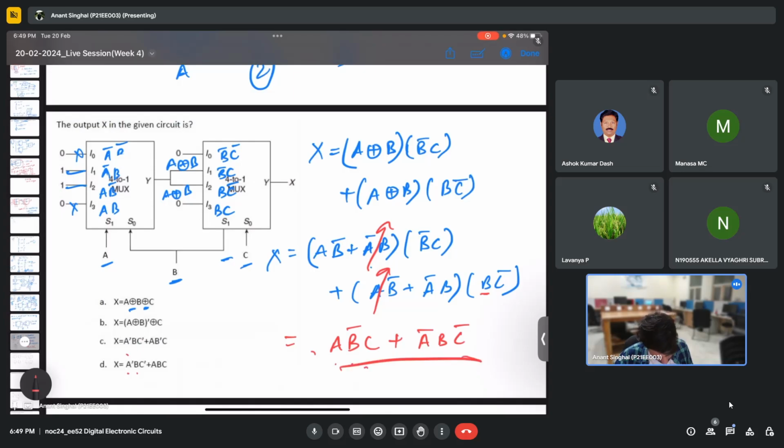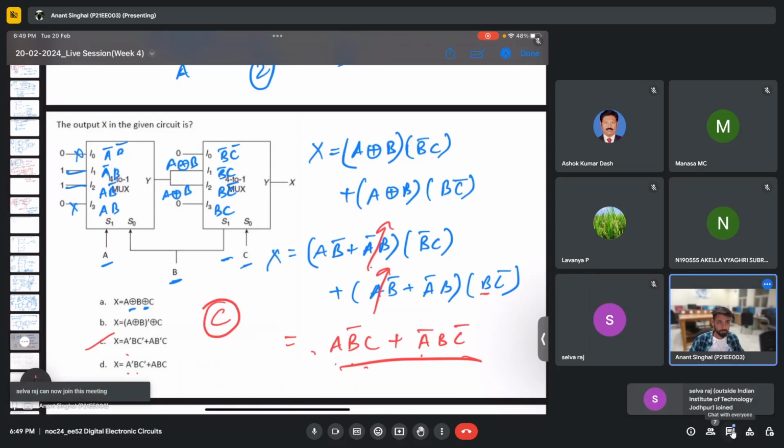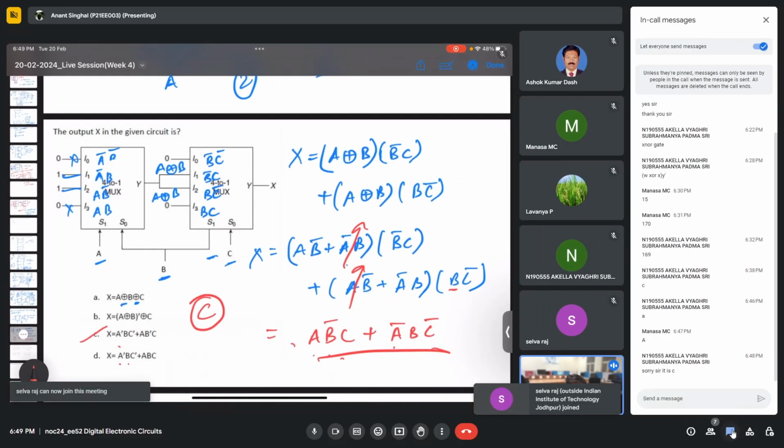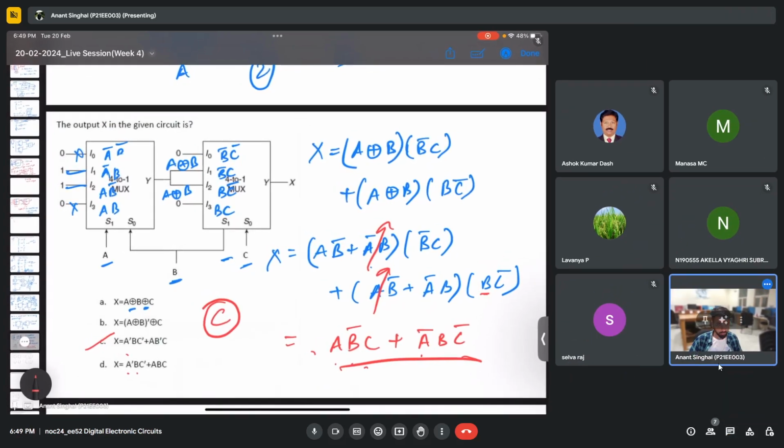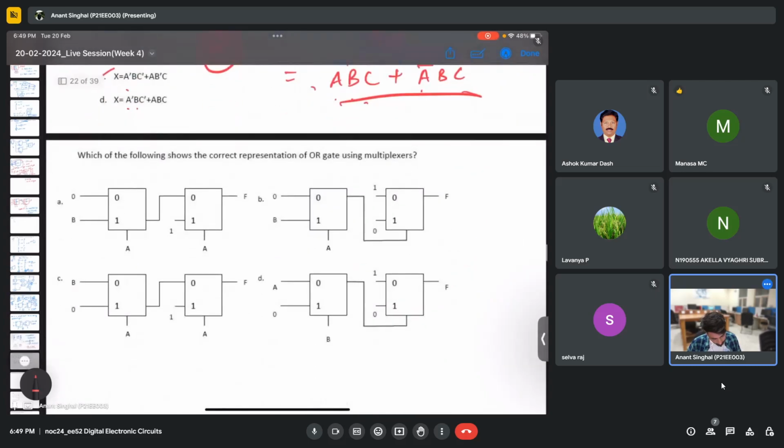We don't have this option. A complement B C complement, yes. Okay, so option C is correct. So is it clear now? Those who are saying A, is it clear? Fine. Let's move ahead again.